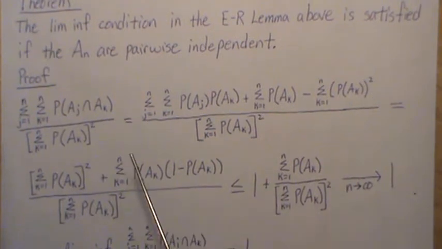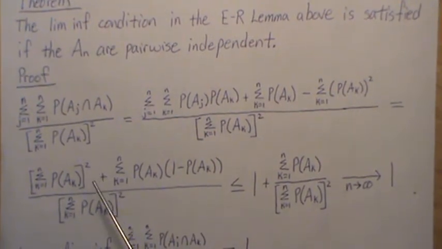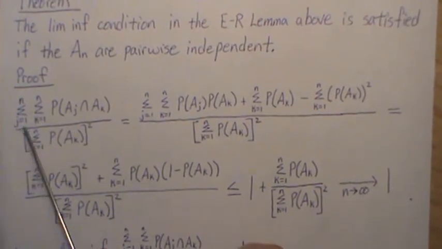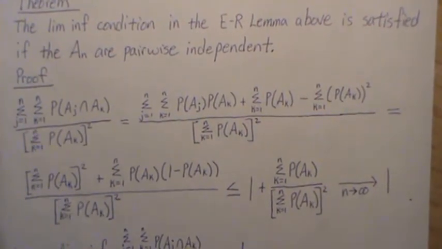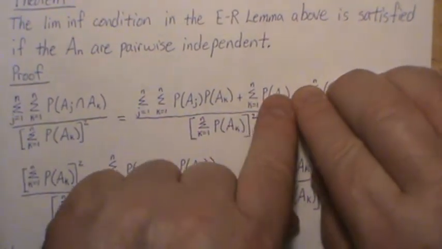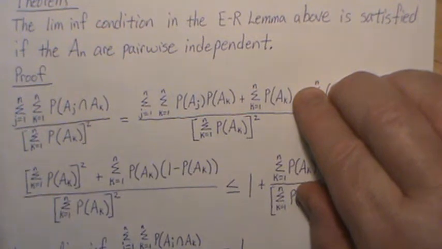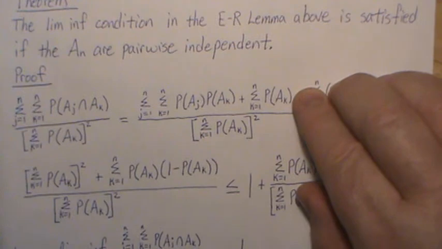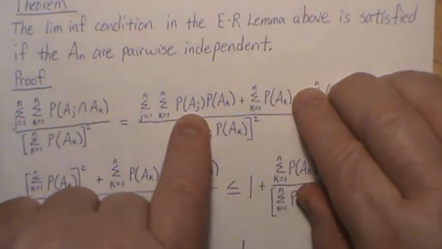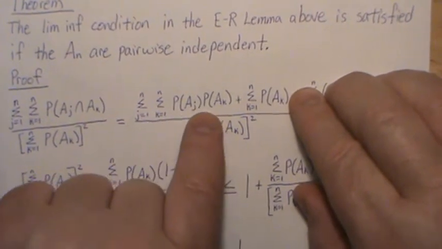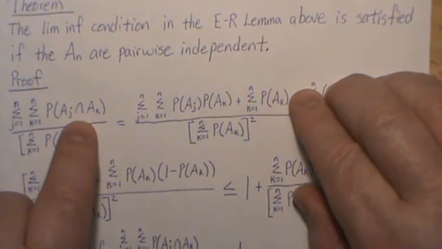So if we take this double sum and leave out the case that J is equal to K, then we get this here. So this sum is from j equals 1 to n, k equals 1 to n, and j not equal to k. That's this piece here. Now I didn't write that, but now we can break these apart because they're independent.